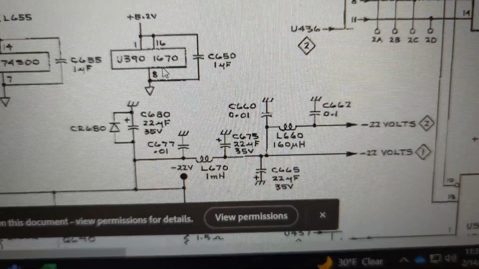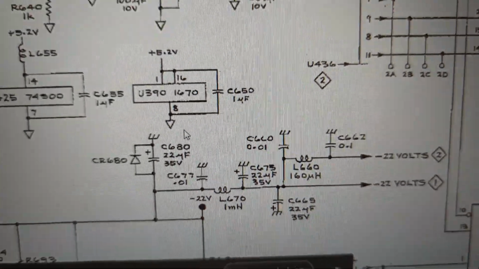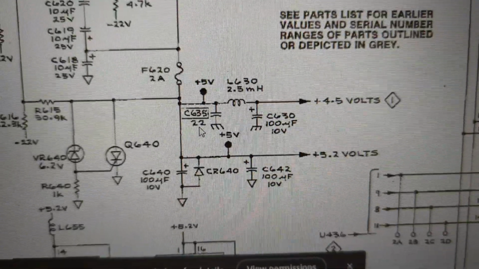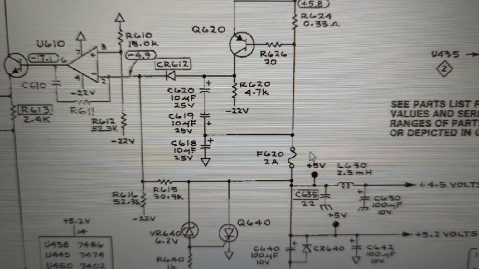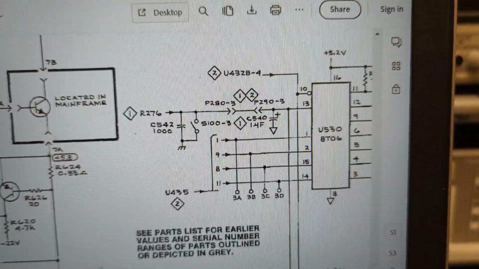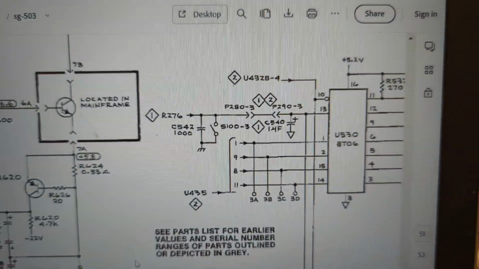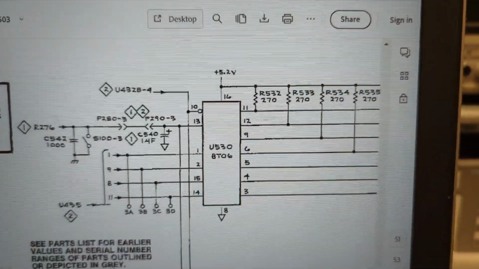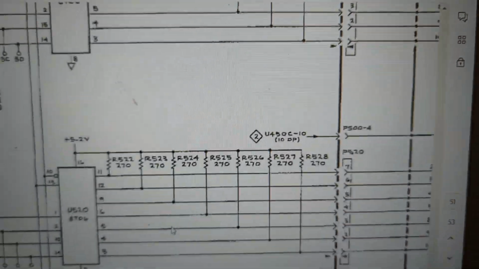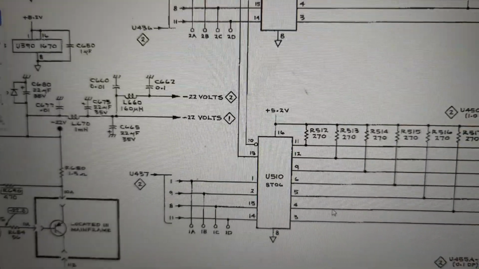It could even be a bad IC. There's a lot of stuff on the 5.2 volt rail. It might be a good idea to start looking elsewhere just to see what else could be causing this, because I'm not really sure at this point.